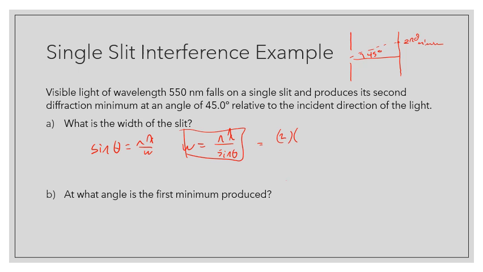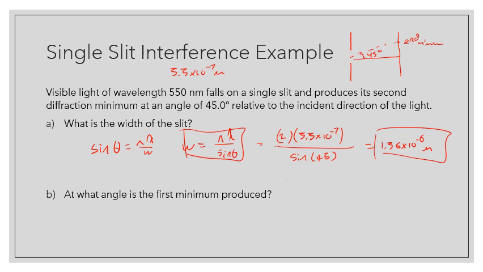The wavelength is 550 nanometers, so in meters that's 5.5 times 10 to the negative 7 meters. So 5.5 times 10 to the negative 7 over sine of 45. This comes out to be 1.56 times 10 to the negative 6 meters. That's the width of the slit.